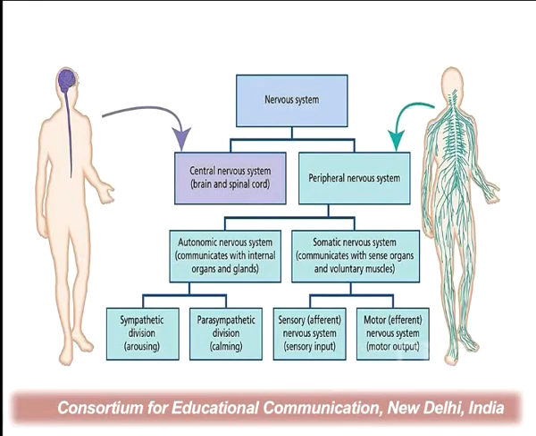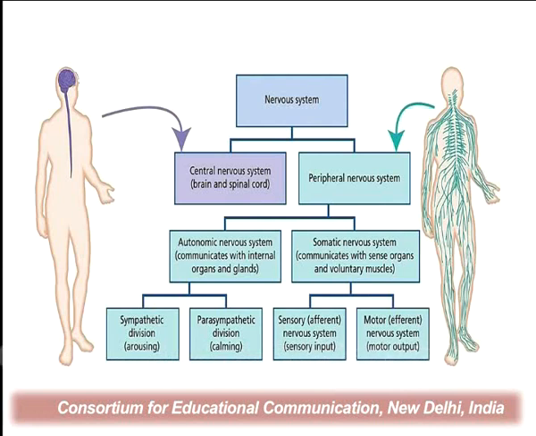Now we can see the chart of the nervous system. First of all, the nervous system is divided into two parts, that is the central nervous system and the peripheral nervous system. Then the peripheral nervous system is further divided into two parts, the autonomic nervous system and the somatic nervous system.